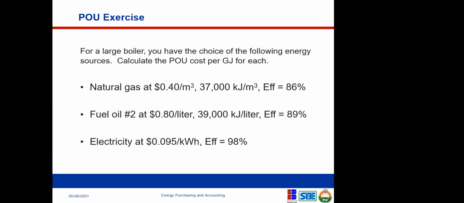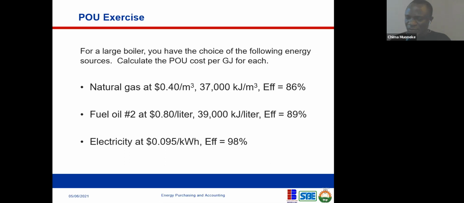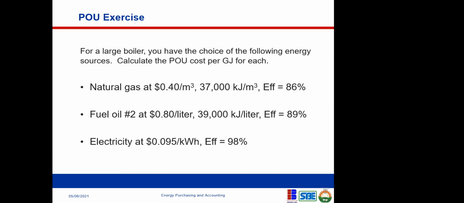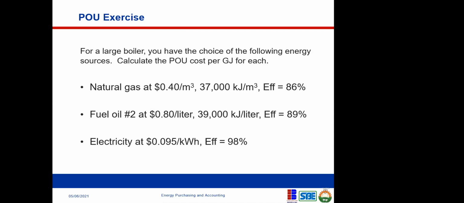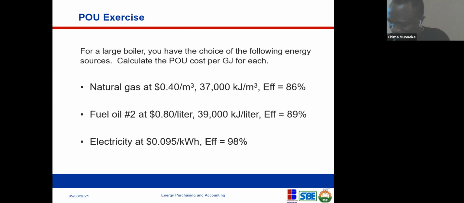What we have on top is 0.4 times 1 million, divided by, you open a bracket, 37,000 times 0.86, you close the bracket.